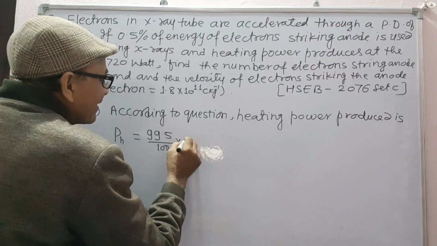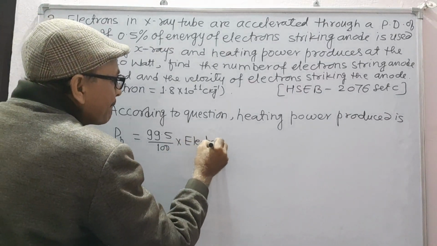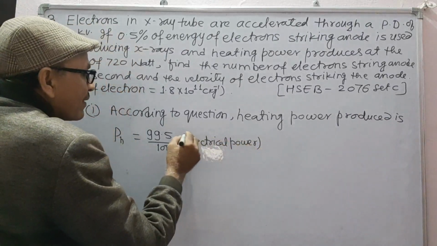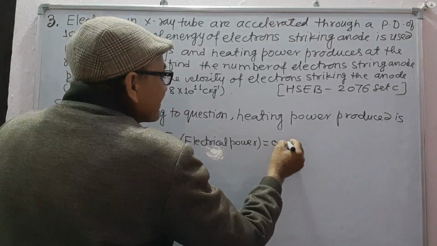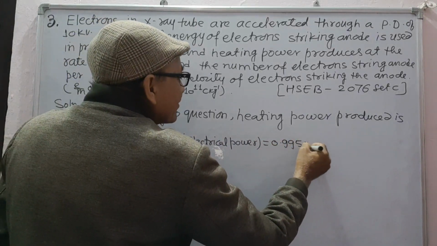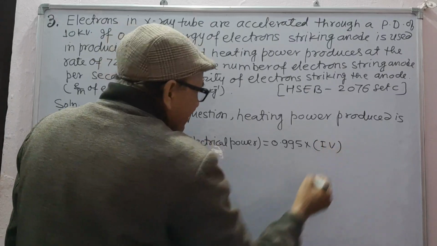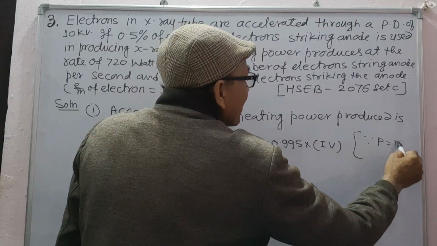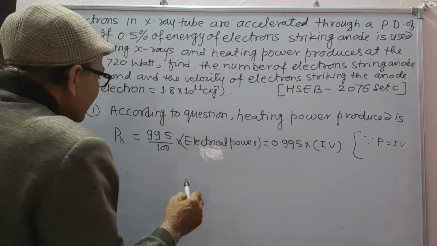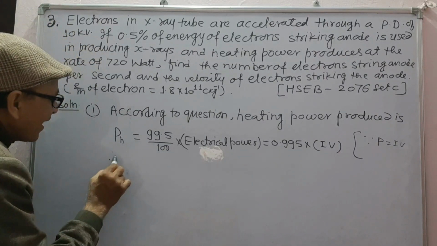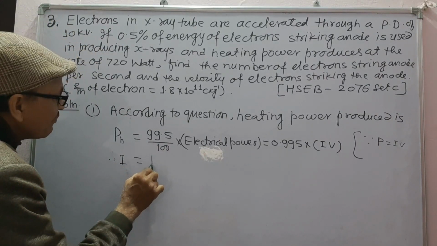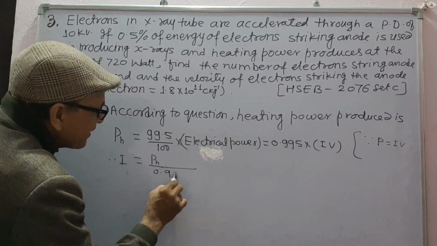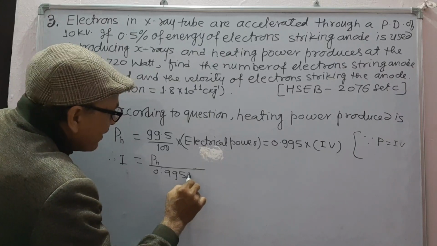Electrical power is I into V. So this can be written as 0.995 into I into V, because P is equal to I into V, electrical power. So I will be equal to P_H upon 0.995 into V.